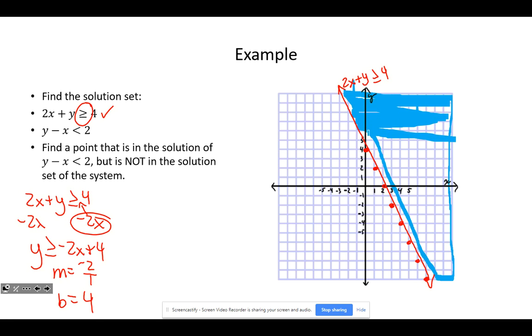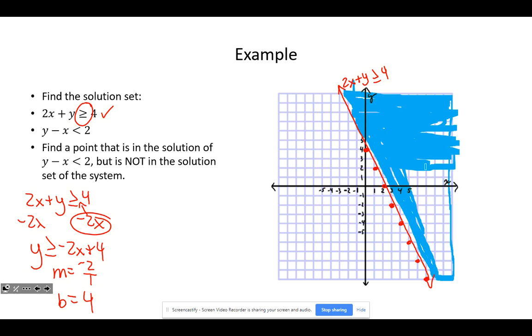Again, it doesn't have to be colored in completely. You certainly could just do lines. Again, that's completely up to you. But this is my suggestion for how to easily get a solution set.